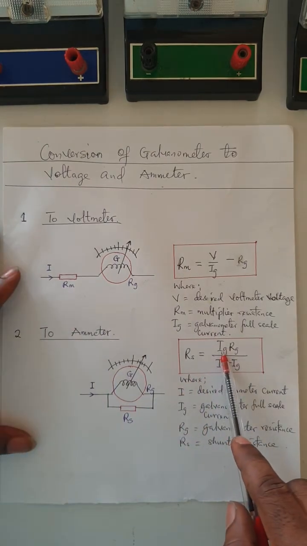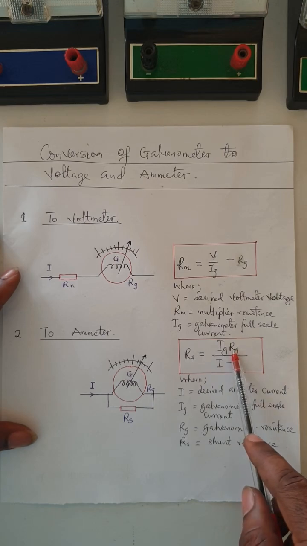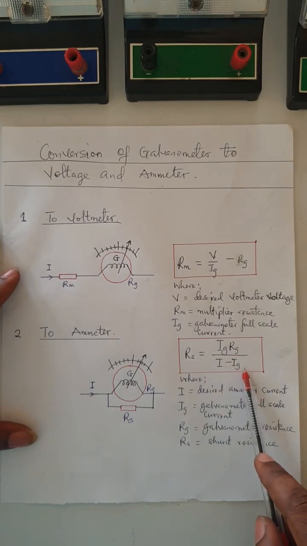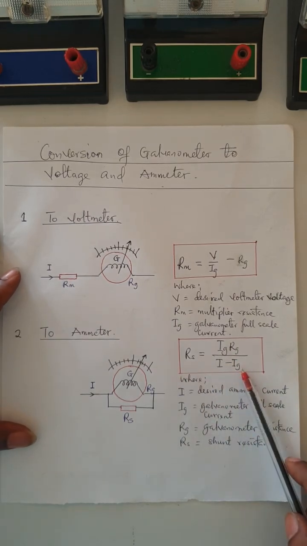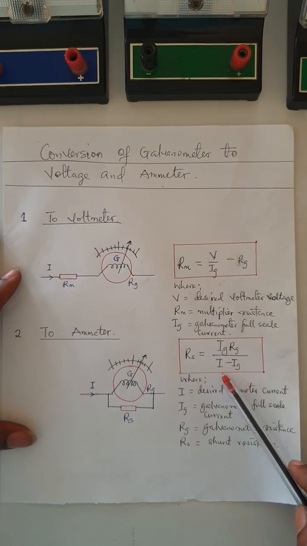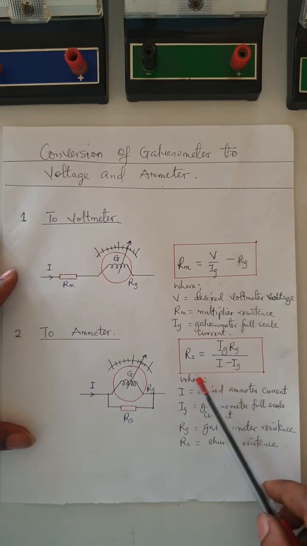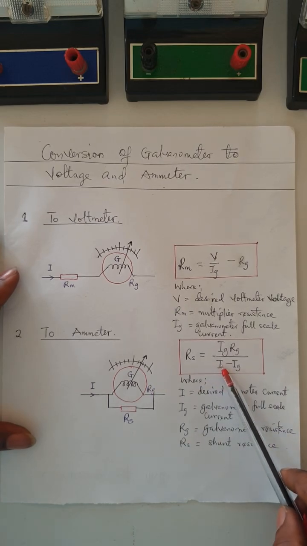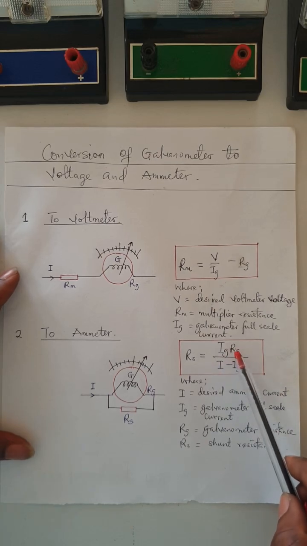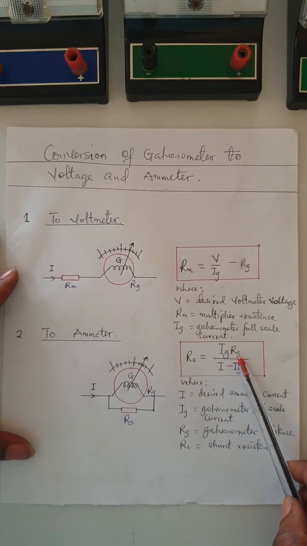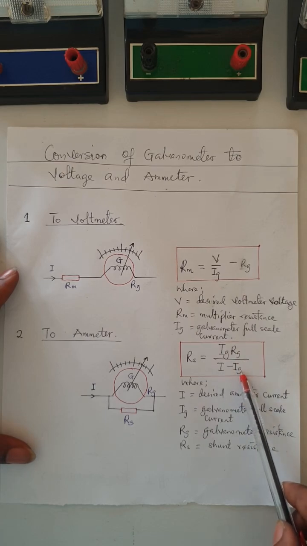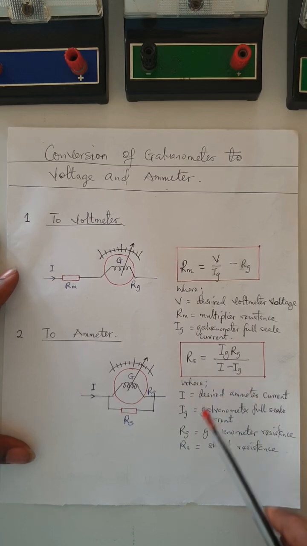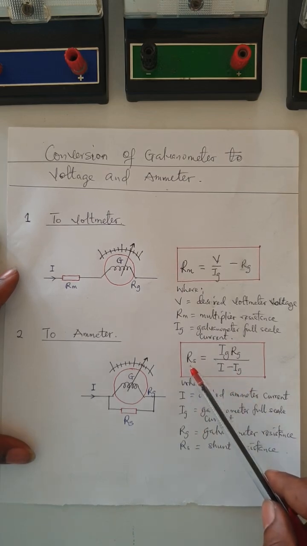We use the galvanometer current here, and the galvanometer has also a fixed resistance. We use that here, and also the galvanometer current. So this formula, if we substitute a value of current, say we want our ammeter to read 3 ampere, we substitute 3 ampere here, and then the value of the galvanometer current, galvanometer resistance, all over our particular current minus the galvanometer current, that will give us a particular resistance.